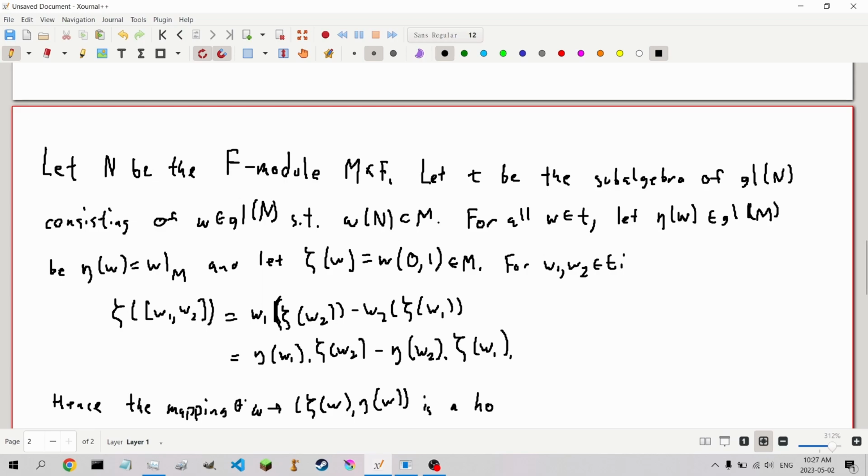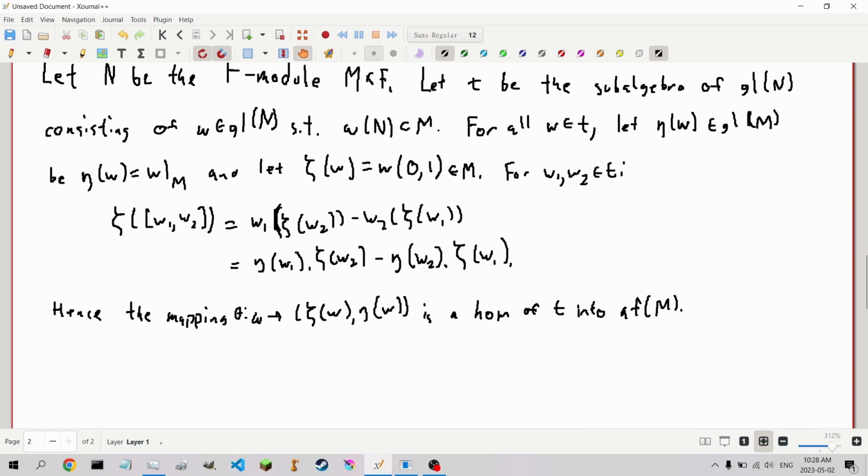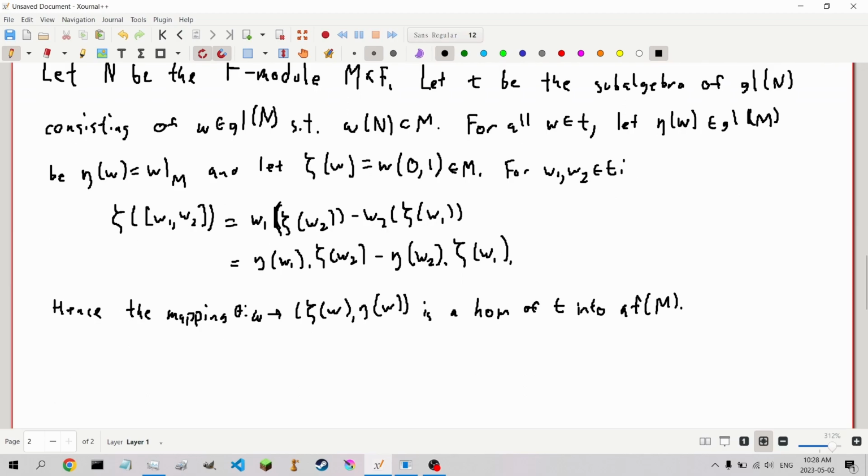We're going to call this theta, from T into the affine algebra of M. So as theta is bijective, we can just set phi to be the inverse of theta.